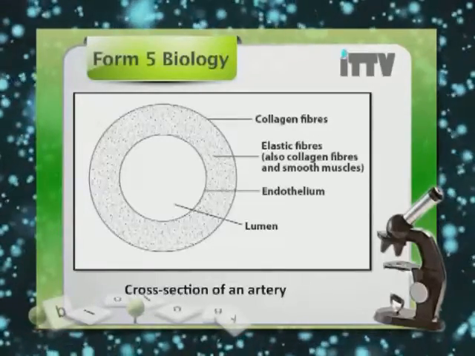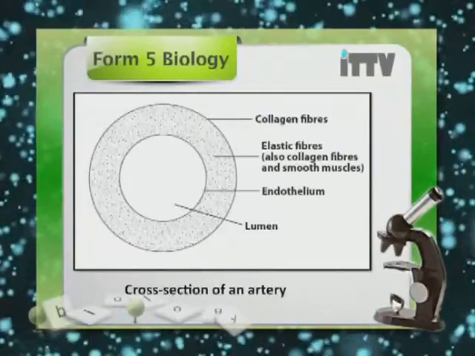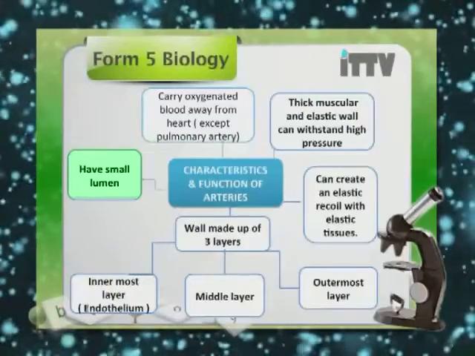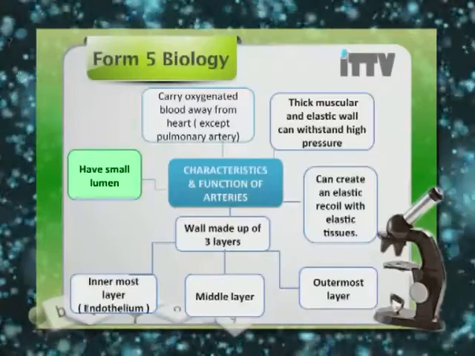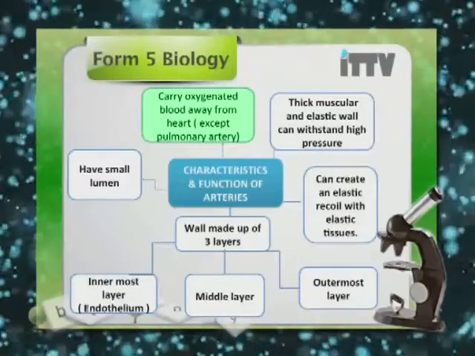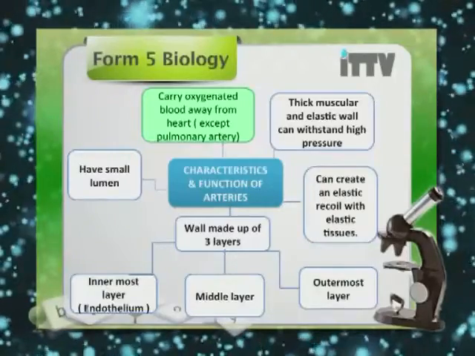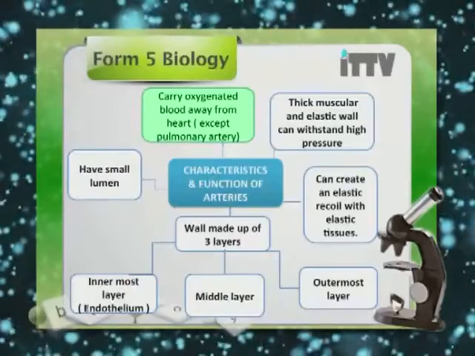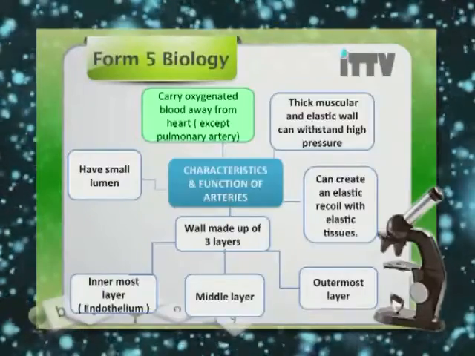Now let us take a closer look into the structure of the artery. The artery has a very small lumen compared to the vein, and it carries oxygenated blood away from the heart, except for the pulmonary artery. Now, the pulmonary artery takes deoxygenated blood from the heart to the lungs.